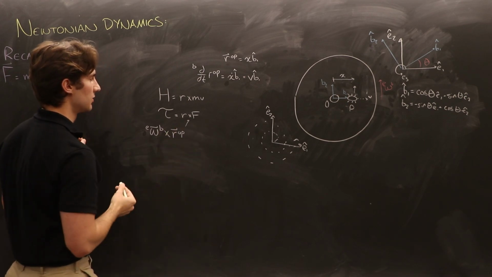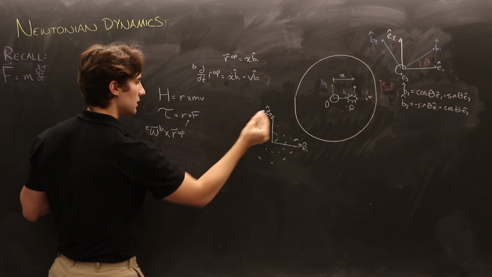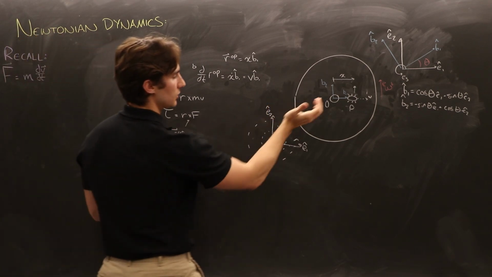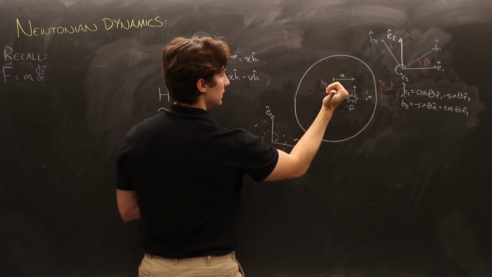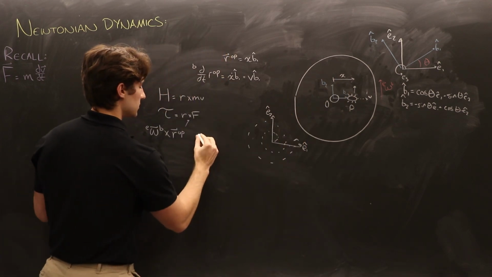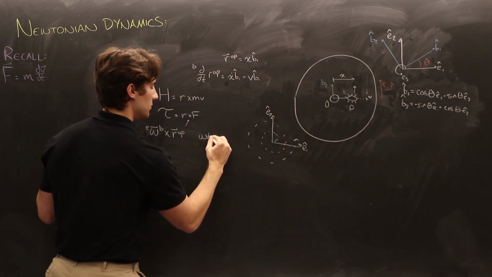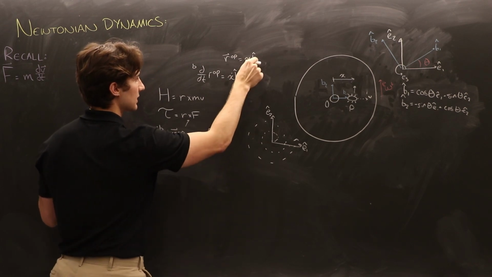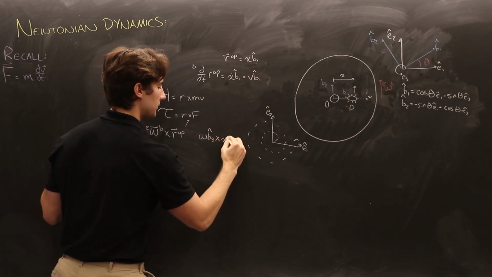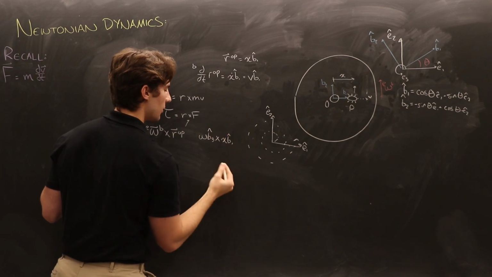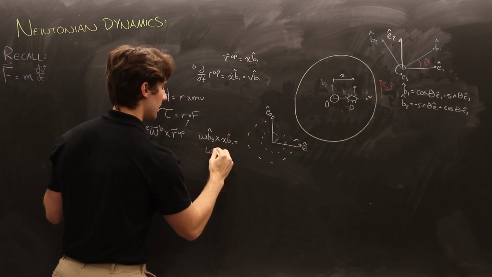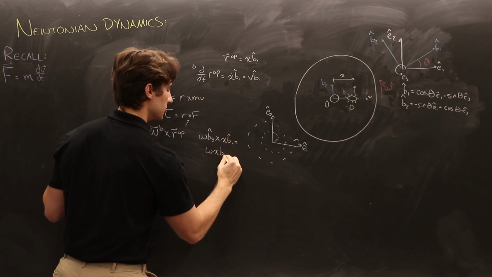And what that's going to give us, if we calculate this out, this omega of b with respect to the e frame, using the right-hand rule, is just going to be in the b3 direction. So that will be omega b3 crossed with this x times b1. And if we go ahead and calculate this, that is simply going to give us omega x times b2.